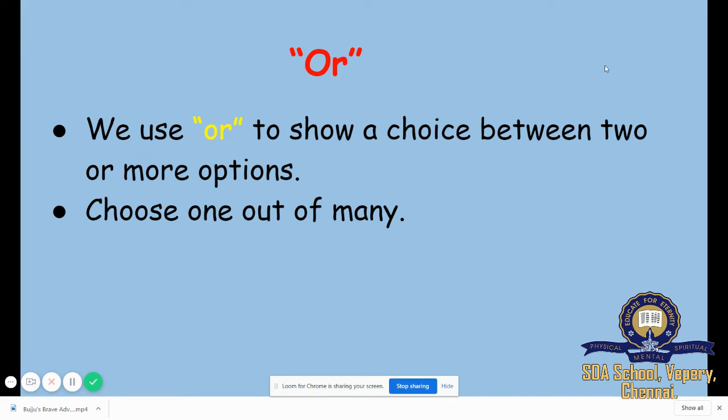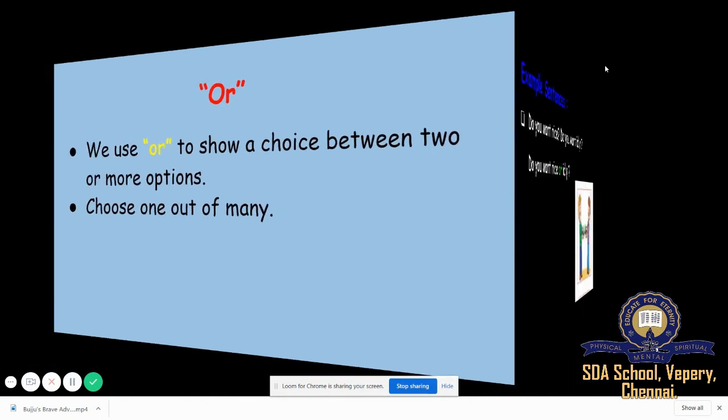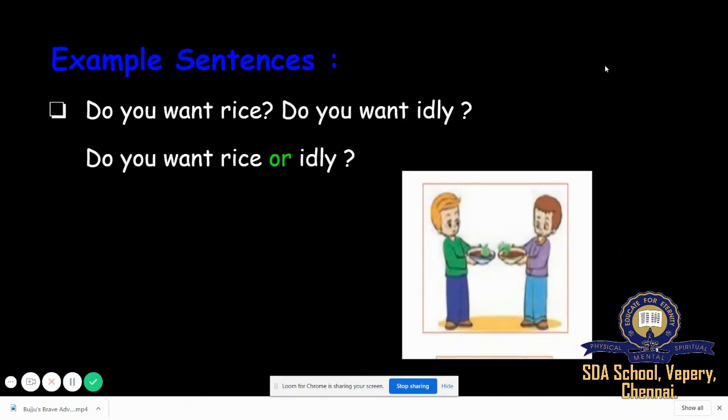So, to choose one out of many, we use or. Now we will see the example sentences. Do you want rice? Do you want idli? To combine this sentence, what exact conjunction are we going to use here?